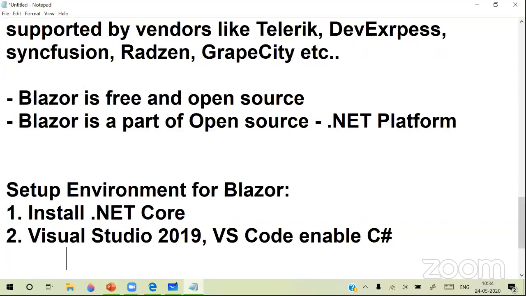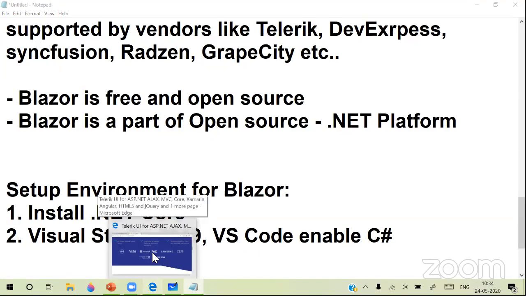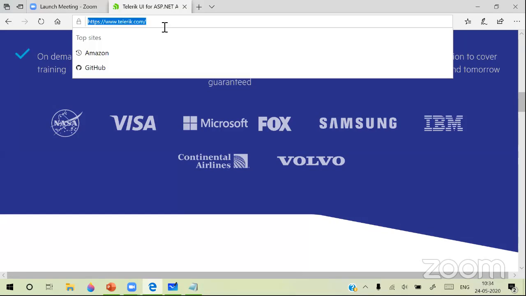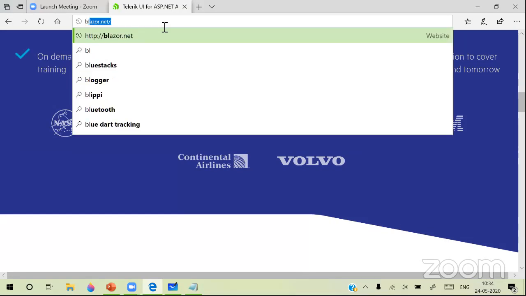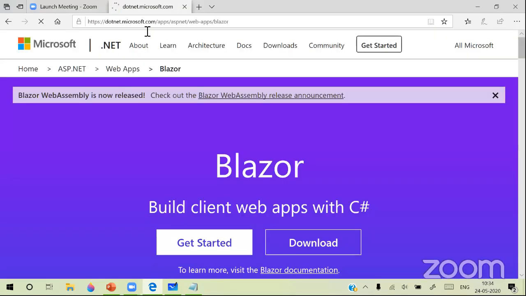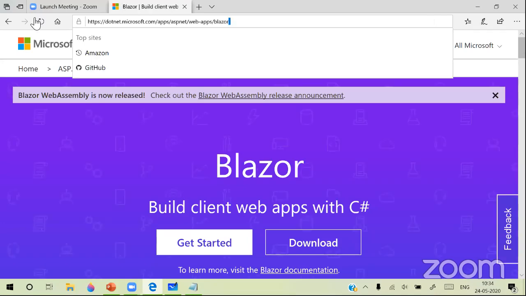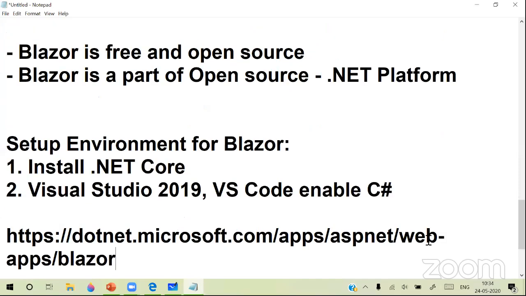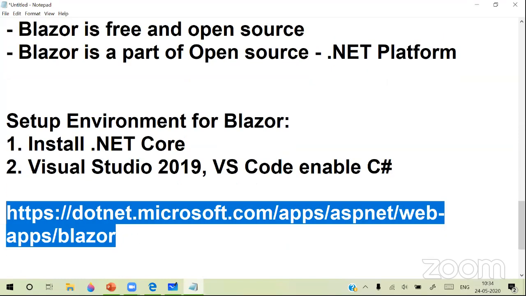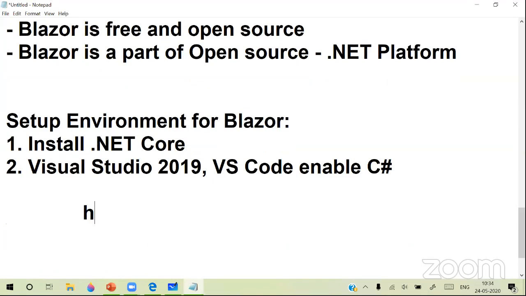so that you can get it from the official website. The official website of .NET, you can get it from that. So Blazor.net, this is the official one. I will give you the path here. Or simply you go with Blazor.net.